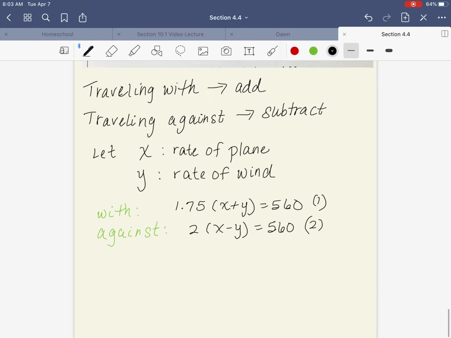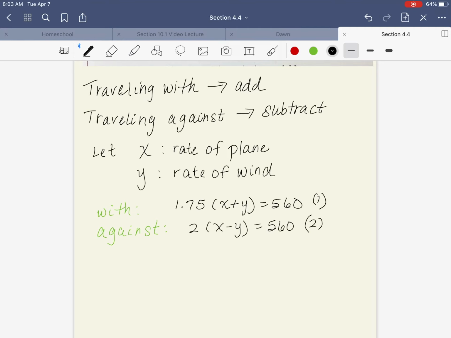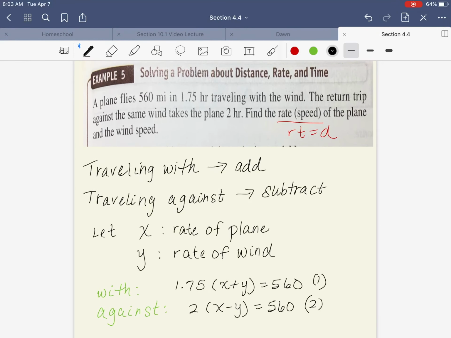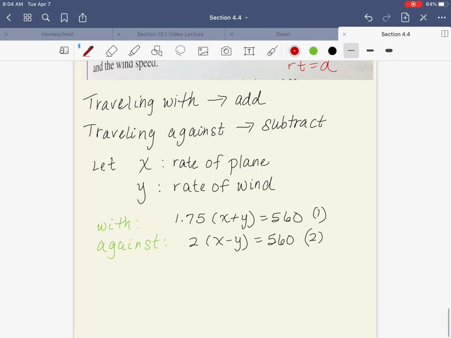All right, so the time is 1.75 hours when you're going with the wind. So that's rate times time. And then the total distance is 560. The return trip against the same wind takes 2 hours. So time is 2. Rate you would subtract because you're going against. And the distance is still 560. So that's how I got my two equations.